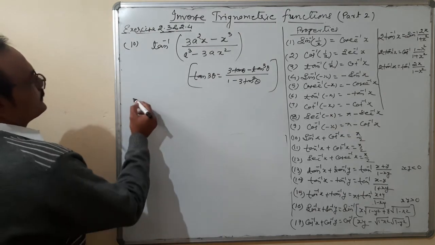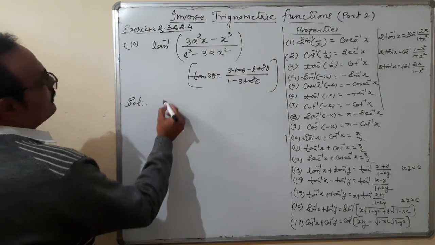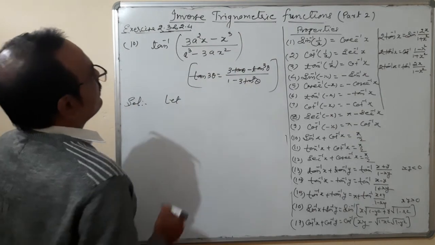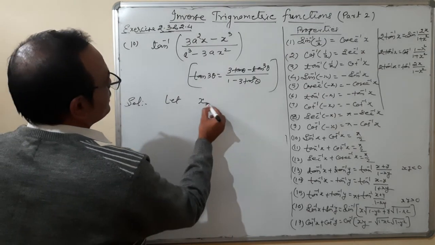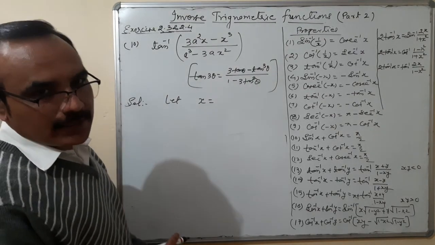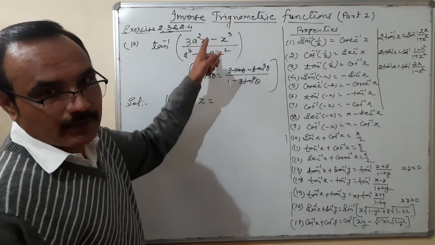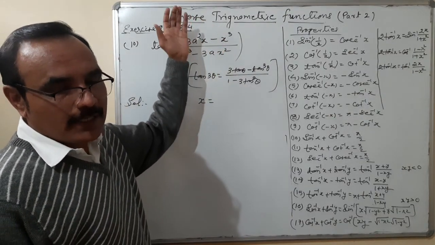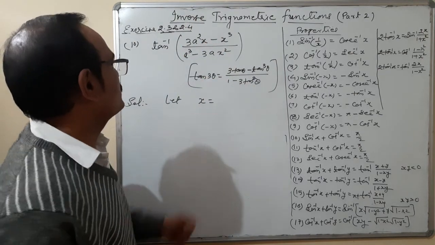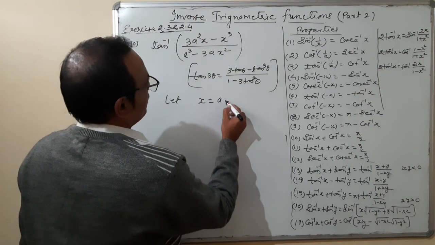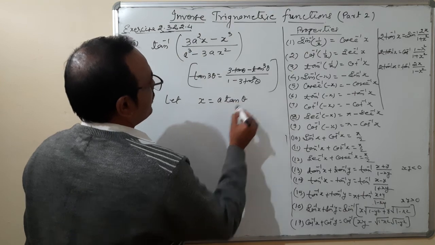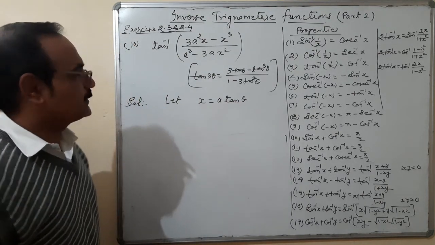So what should be done? Let x be a tan theta, because the term a is also there. To delete a from numerator and denominator, we have to consider x is equal to a tan theta.